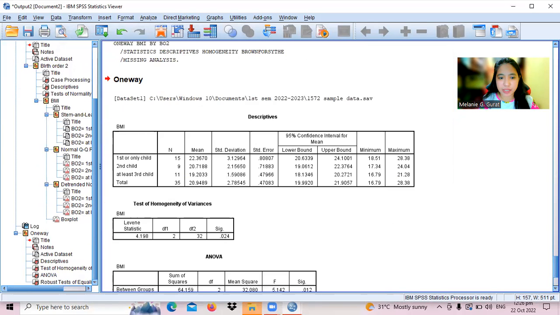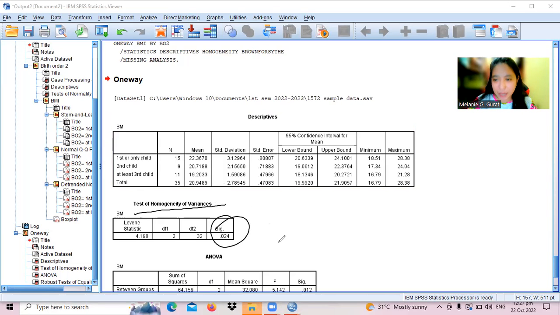Let's see what the result is. As we can see, we have the following result similar to the result of other inferential tests. We have the mean, standard deviation, and the standard error. But our concern again is to see if we satisfy the condition of test of homogeneity of variances, or equal variances.